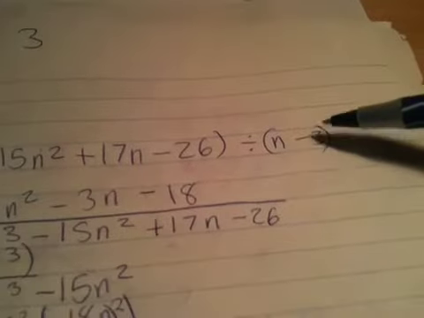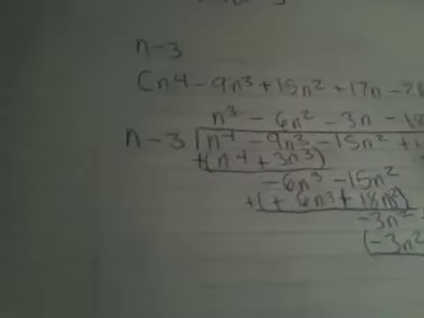I got the 3 from right here, n minus 3. So I have to figure out how to make n minus 3 equal 0. How do I make -3 equal 0? I have to make it 3. It's just really a simple trick. Just -3 plus 3 is 0, pretty simple.